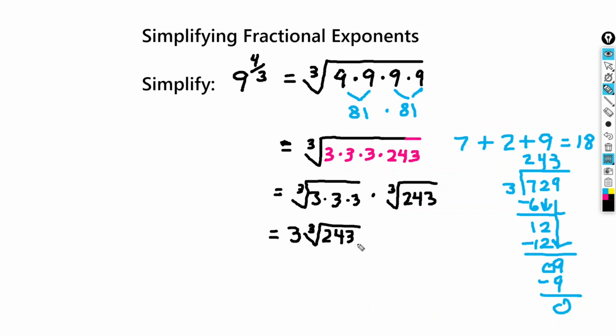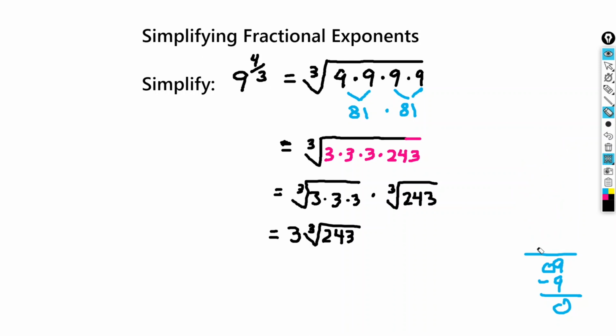Now, interestingly, 243 is, well, we have 2 plus 4 is 6, plus 3 is 9. So 243 is divisible by 3 as well. So let's try and break that down further. See if we can get it even further. So take 243 divided by 3.